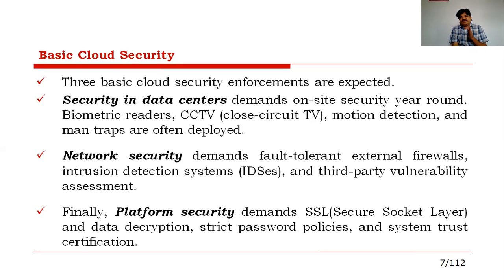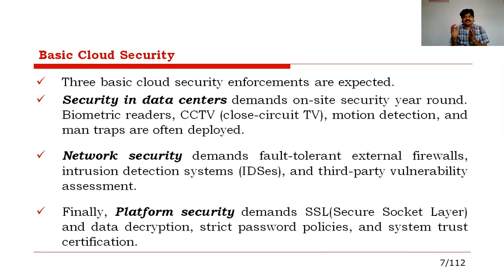Another one is CCTV. Providing CCTV surveillance in the data centers in all corners will be one of the security measures. Providing the closed circuit TV concept in the cloud data center on premises is one of the main aspects here. Another one is the motion detection sensor.